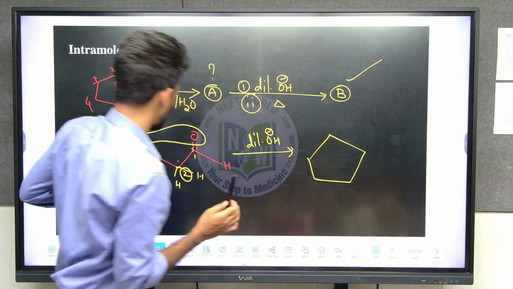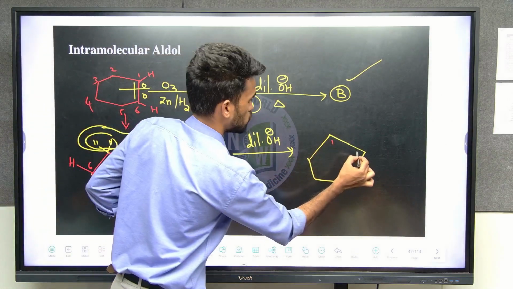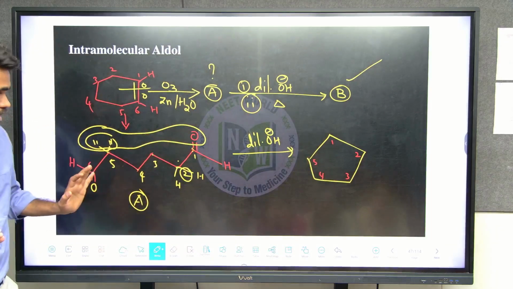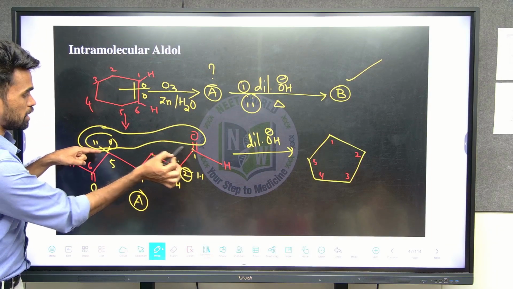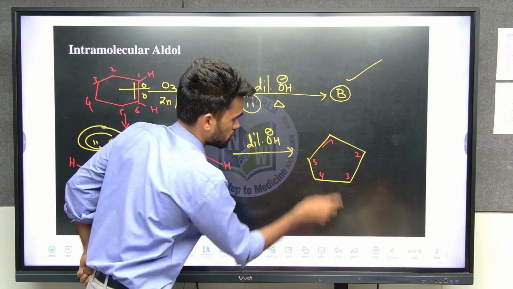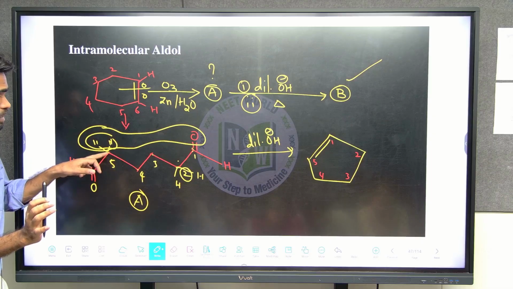Try to number it first. Let us say this is 1, 2, 3, 4, 5. Okay? Numbered, done. Between which carbons making a double bond now? Let us make the double bond here. Okay. Next, after this, on 5th carbon, what extra group do we have?